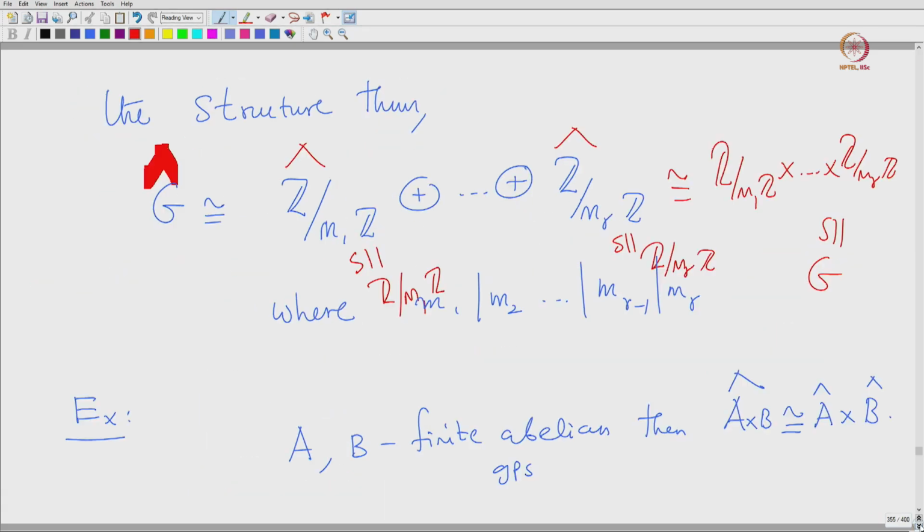Because of that, the isomorphism between G and G hat is not going to be unique or natural. It will depend upon the generators that we choose for each individual cyclic subgroup. But this indeed proves that G dual is exactly isomorphic to G.